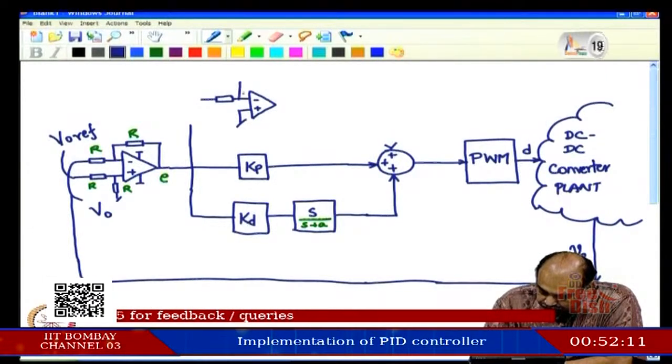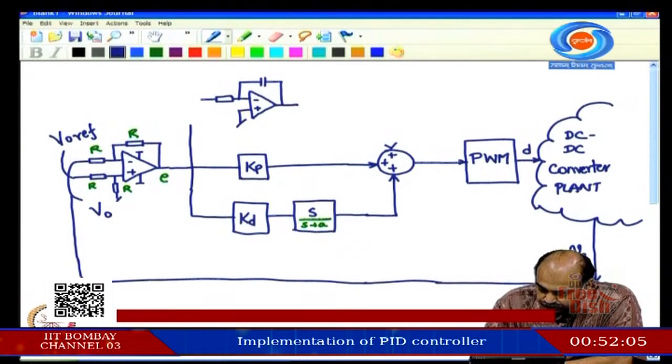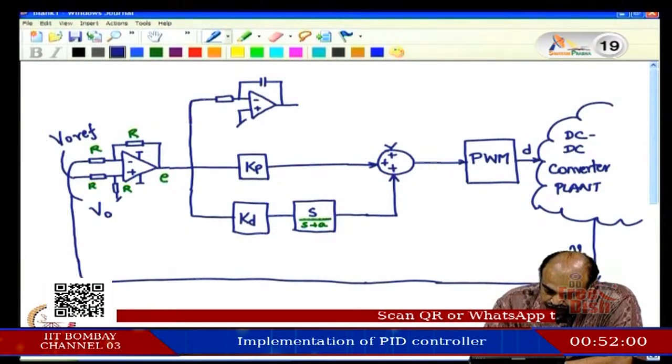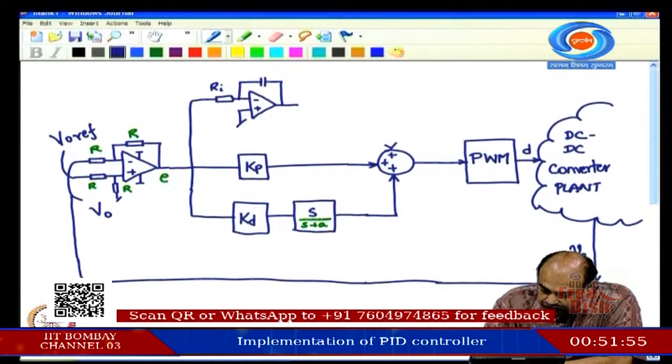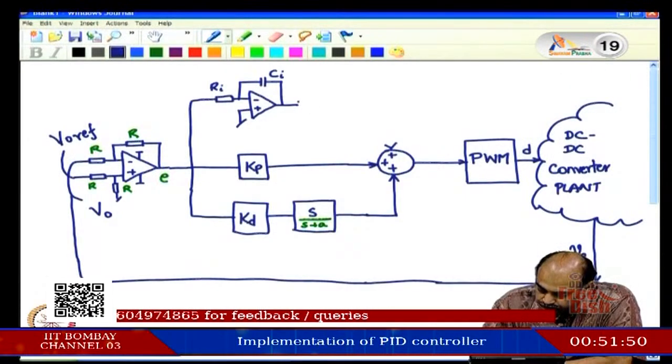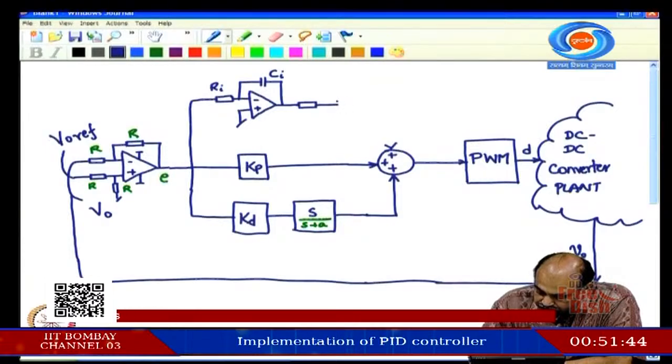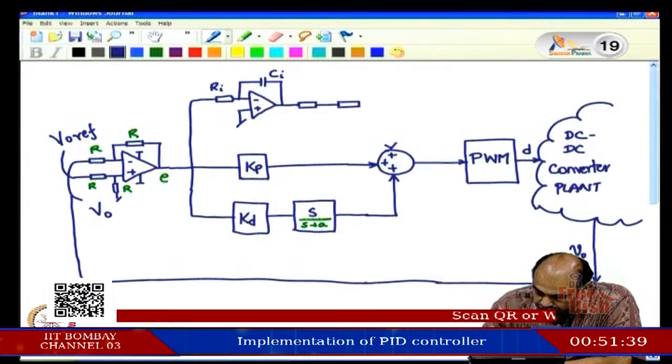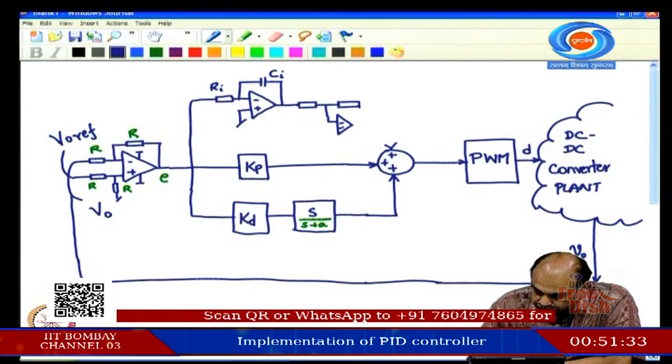We shall just try to replace the equations with op amps. So, this is an integrator. Let us say this is R I C I. You can add one more gain stage here if needed, and that is what we had included in the last class, minus and plus.